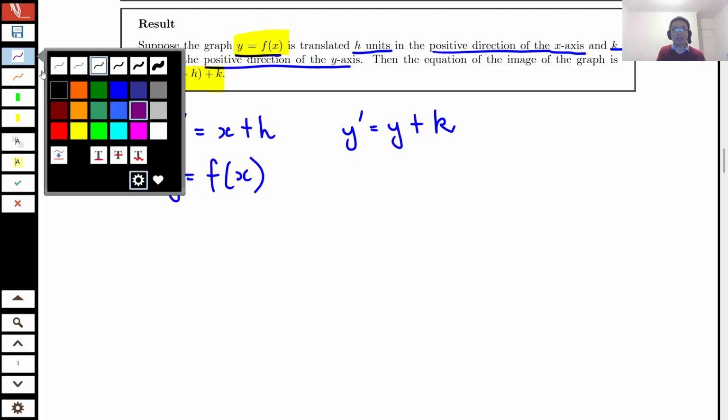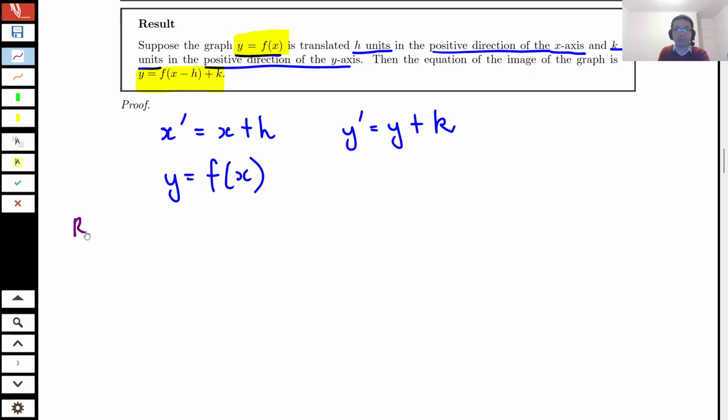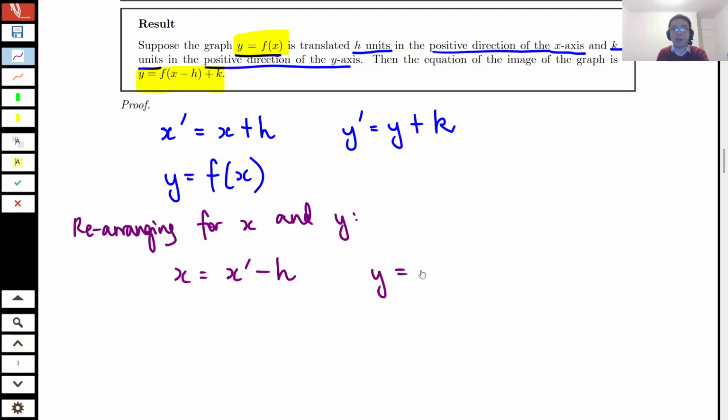Now, here's the next step. What I'm going to do is rearrange for x and y. We have the following results. x equals x dash minus h, and y equals y dash minus k. Now you might ask, why am I doing this? Well, what I'm doing is I'm solving for the old x and y coordinates in terms of the new x and y coordinates.